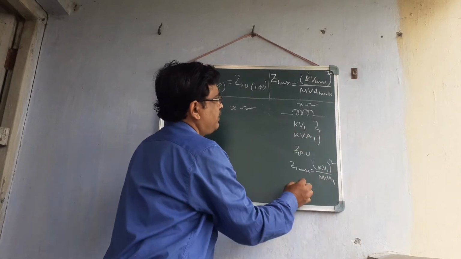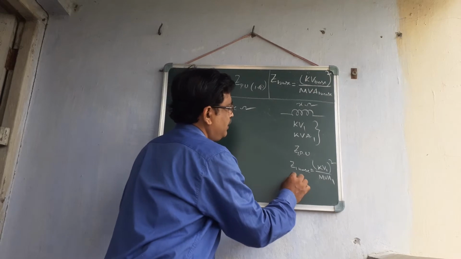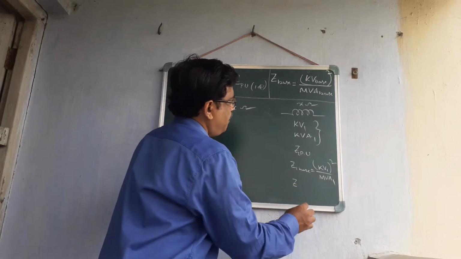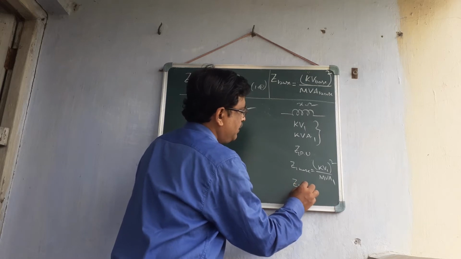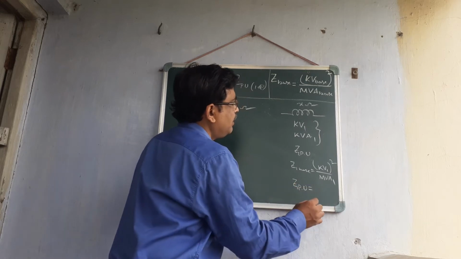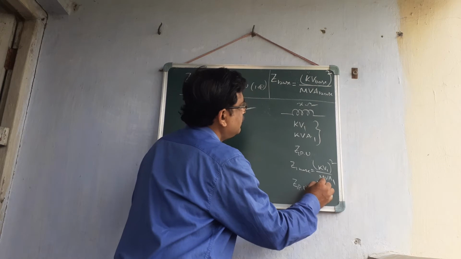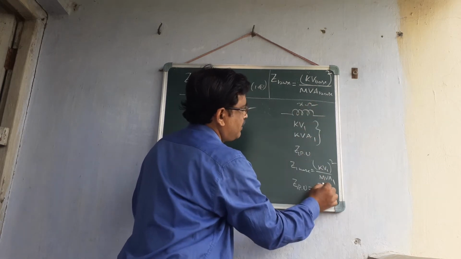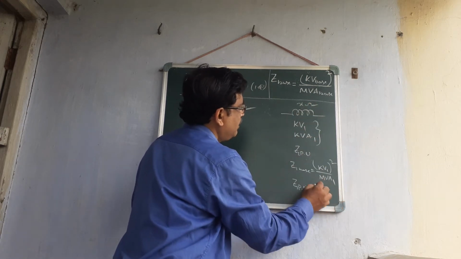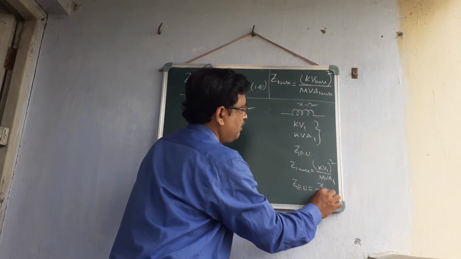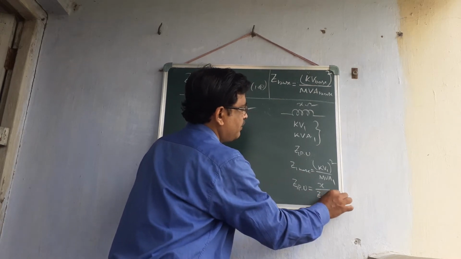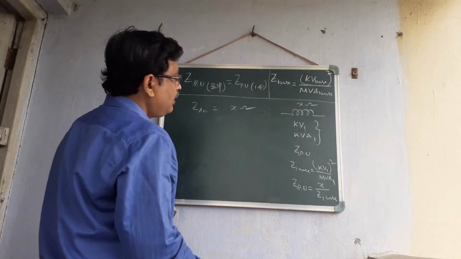Then Z1 per unit value will be how much? Z actual, that is X, by Z1 base.